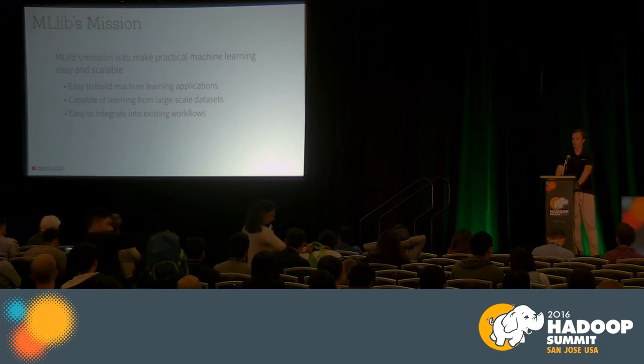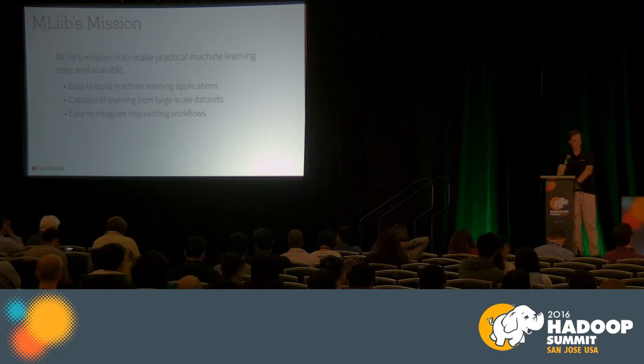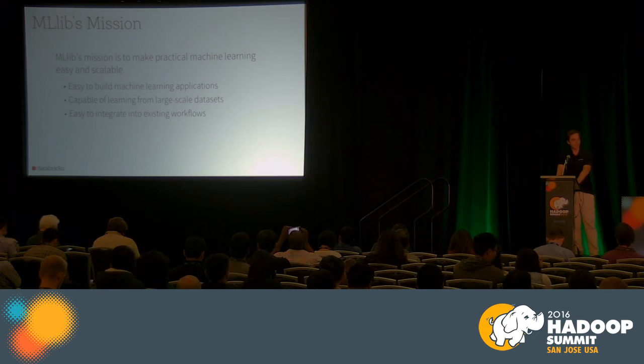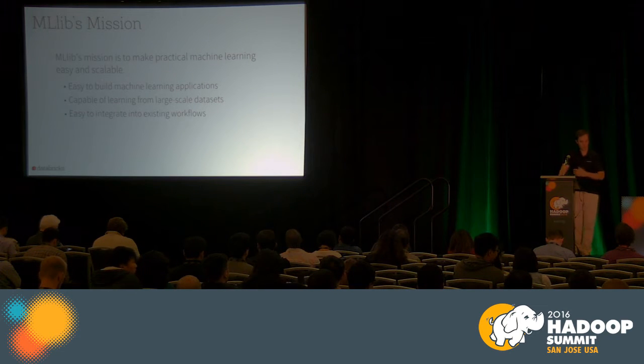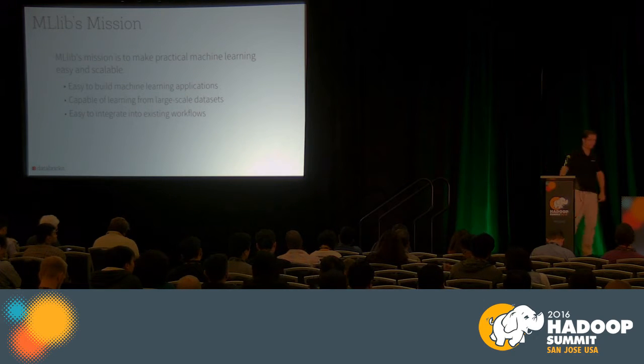Also, of course, because this is Spark, it should work with large-scale data sets. And first and foremost, MLlib's mission is to make sure that it does not disrupt existing workflows and procedures within data science teams.